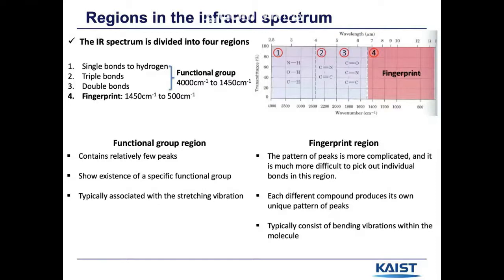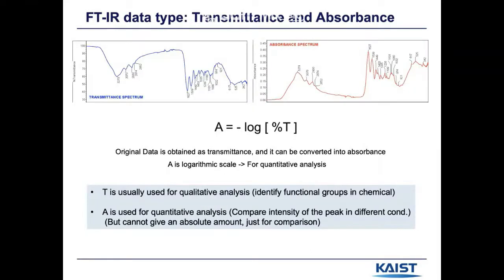But the important point is that absorbance is in logarithmic scale, and this means that it is worth comparing the concentration of the specific chemical with the intensity of its peak in different samples.